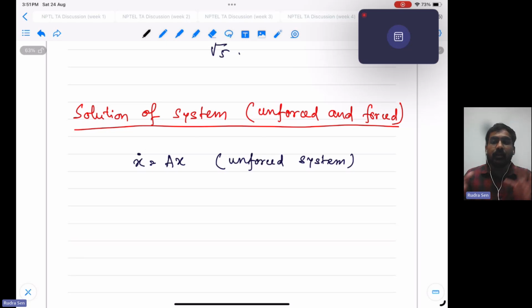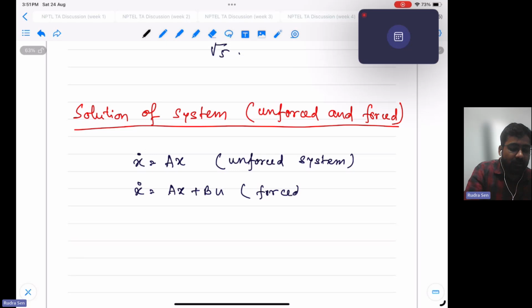There is no external input by which the system is driven. And x dot equals Ax plus Bu is a forced system. A forced system means you have to apply some u to the system so that the system moves.